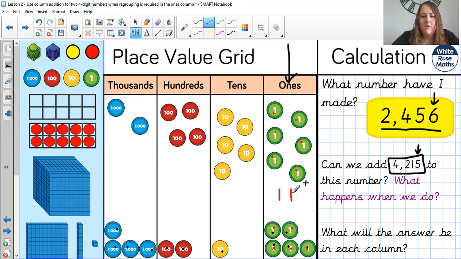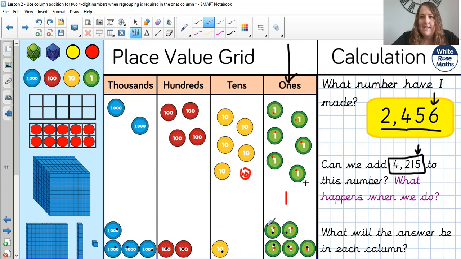What we actually have to do is keep our ones column there, but this ten actually gets moved into the tens column. I'm not going to cross them out today, but when we have our answer of 11, we keep our 1 in here and we add another 10 here.